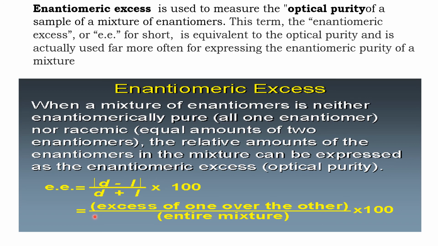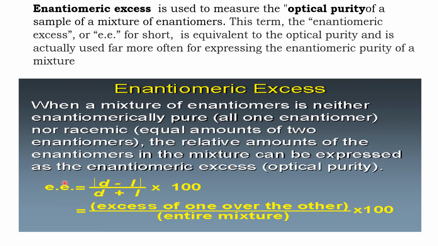It could be simply defined as the excess of one enantiomer over the other enantiomer relative to the total mixture. For example, if I have 1000 of dextro and 500 levo, I could say 1000 minus 500, that is 500, divided by the total mixture, 1500, into 100 will give you the percentage of enantiomeric excess.